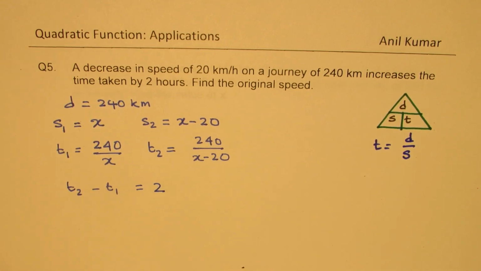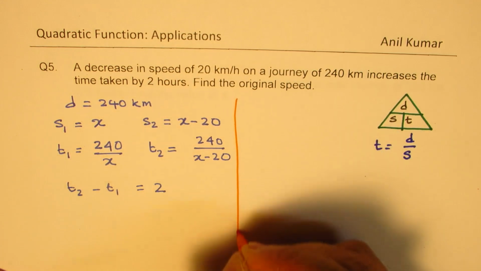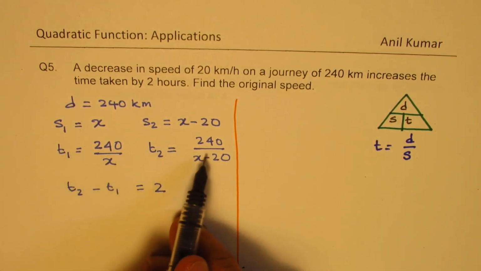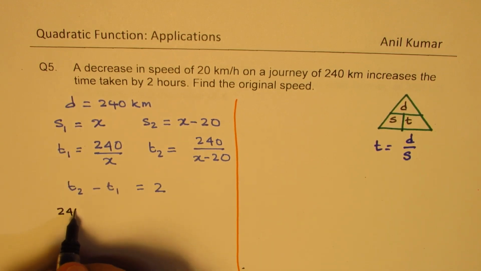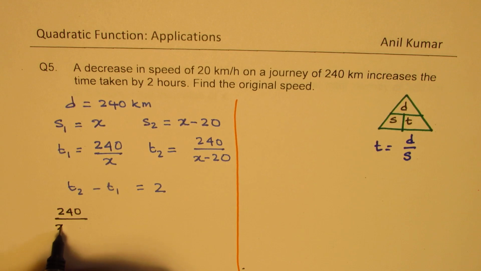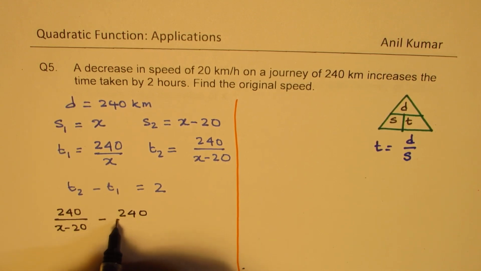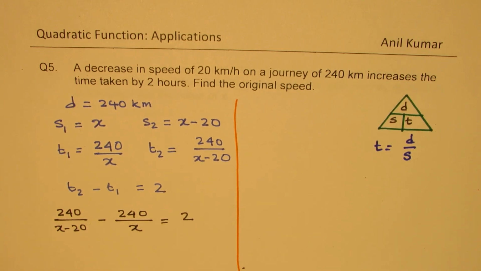That is what we are saying, correct? So that gives you the equation to work. So we get our equation, the difference of these two is 2. We can write this as 240 over x minus 20 minus 240 over x is equal to 2. Does that make sense to you?